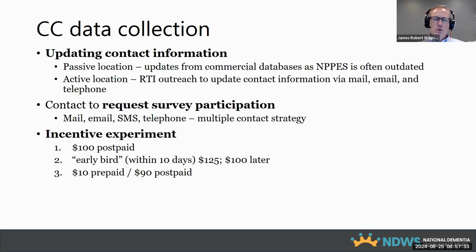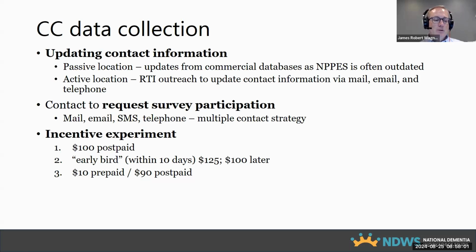Our messaging is pushed out through 4 different modes. One is mail, another is email, and also SMS or text messaging. And then we're also going to place telephone calls. So that gives us multiple different modes of contact, which is a strong and very effective approach to recruitment to surveys. We're also doing in the first year an incentive experiment offering three experimental treatments.